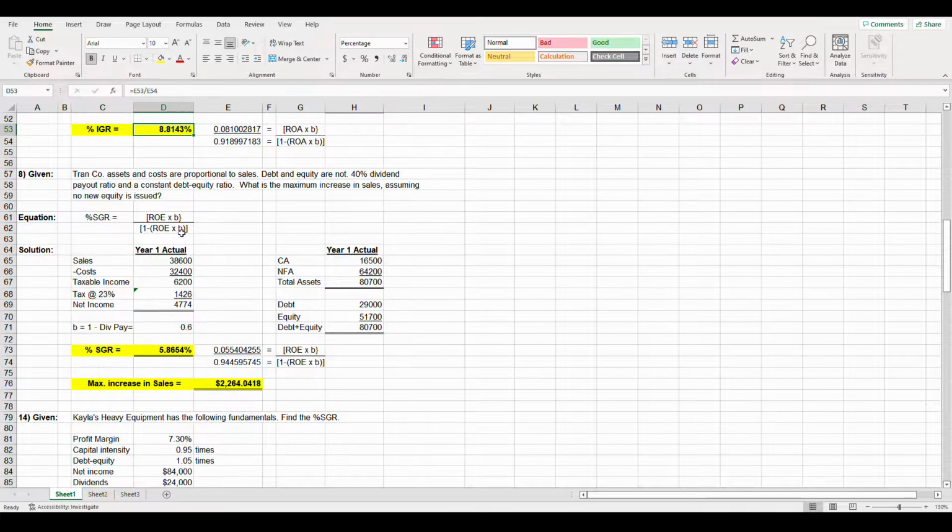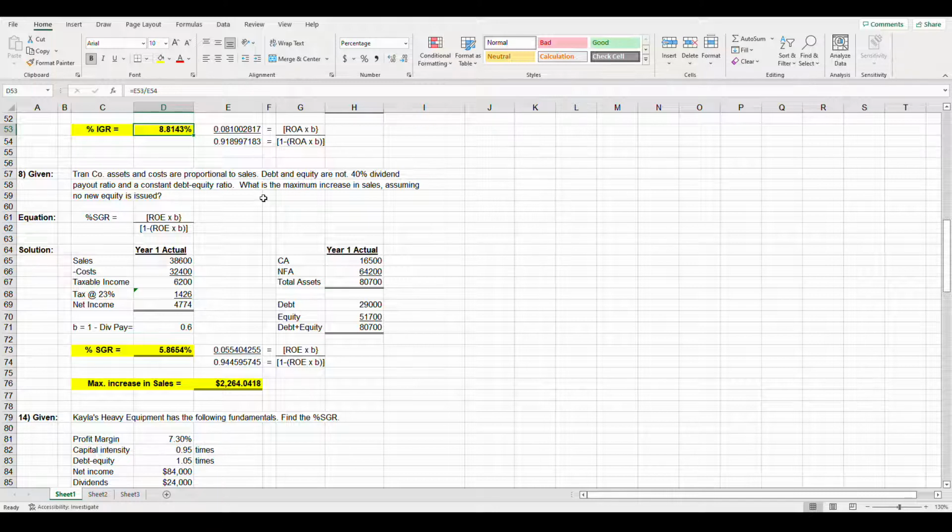In problem number 8, Tran Company, assets and costs are proportional to sales, debt and equity are not, 40% dividend payout ratio, which means a 60% retention ratio, and a constant debt to equity ratio. What's the maximum increase in sales? No new equity is issued, debt is okay. So what we're looking for here is the SGR, or sustainable growth rate.